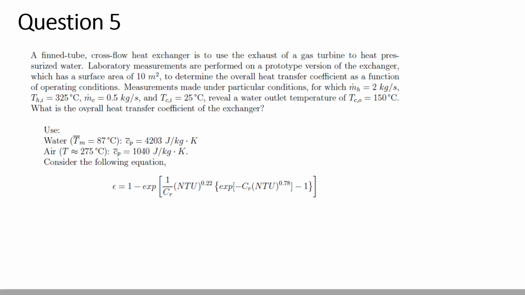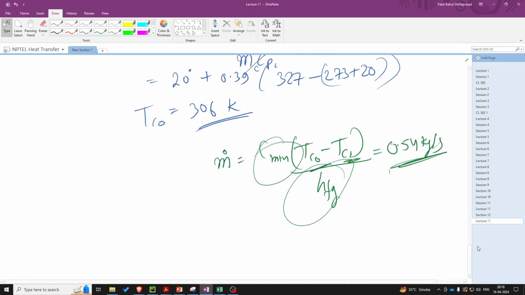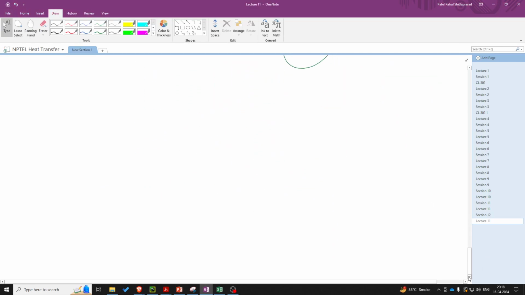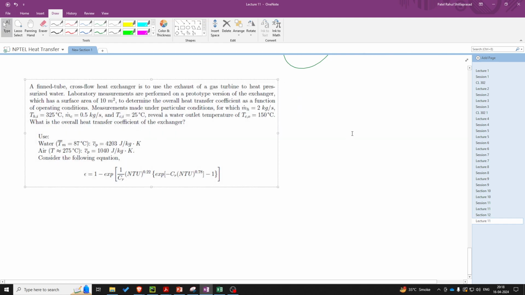So what is the overall heat transfer coefficient of the heat exchanger? And then we have been given the effectiveness formula by using the NTU. We have been asked to find the overall heat transfer coefficient, so we can again use the NTU method. Basically we know that NTU is given as UA upon C minimum, and U is what we have to find.